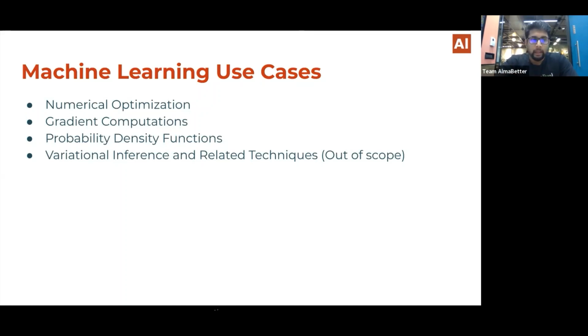The fourth topic, variational inference and related techniques, is out of scope of this program, but is related to Bayesian methods and optimization. So these are some of the use cases in ML and advanced ML which incorporate calculus.